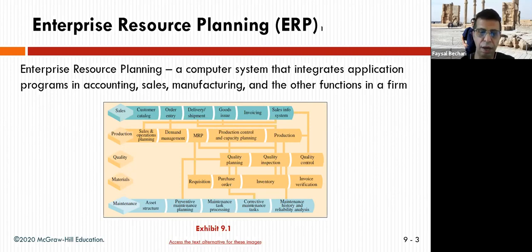So in the ERP system, you have sales, production, quality, material, and maintenance, and part of this ERP comes the MRP. It can be standalone or integrated, which is the best case scenario; it has to be integrated.